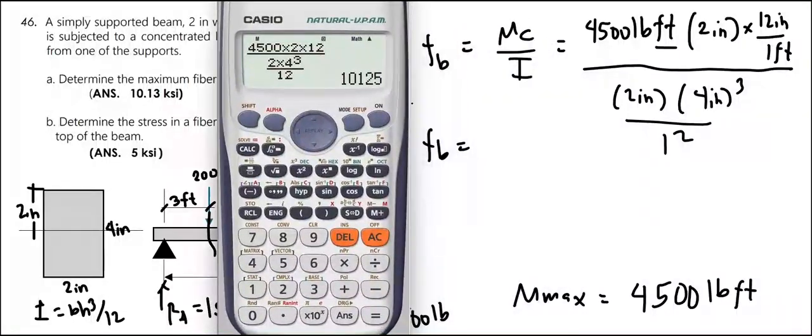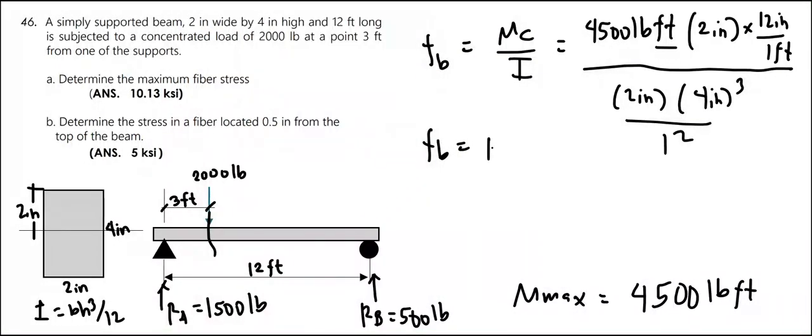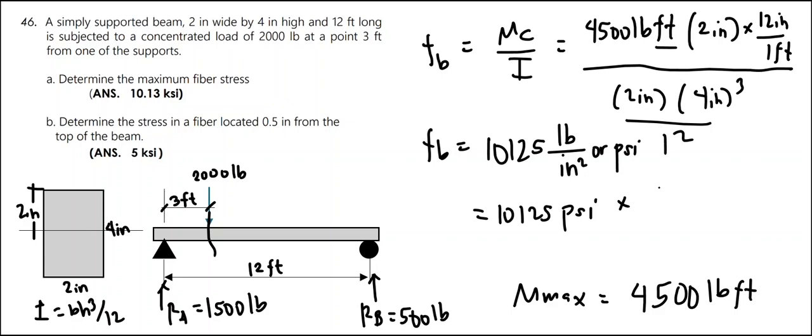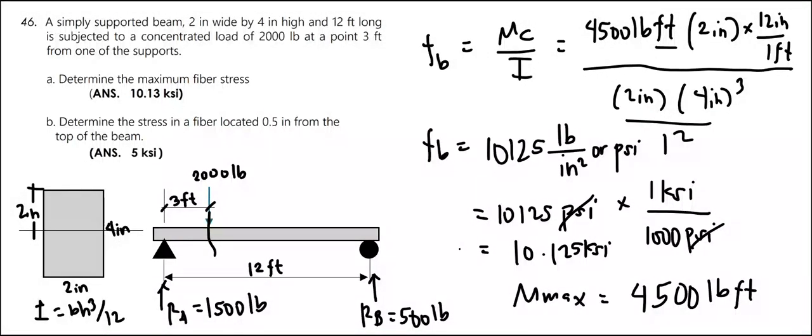We get our bending stress equal to 10,125 pound per square inch, or psi. We can convert this into KSI by multiplying a conversion factor of 1 KSI, or kilopounds per square inch, per 1,000 pound per square inch. PSI will cancel. We get our final answer for the first problem. That's equal to 10.125 KSI.